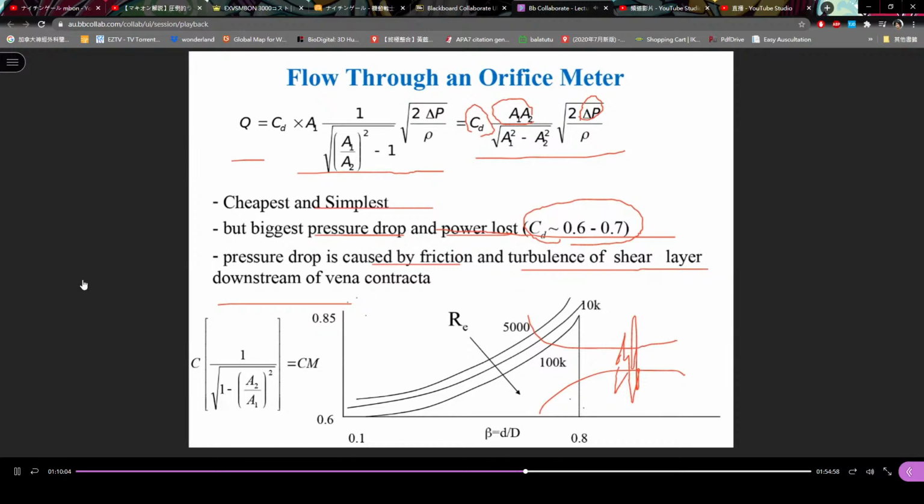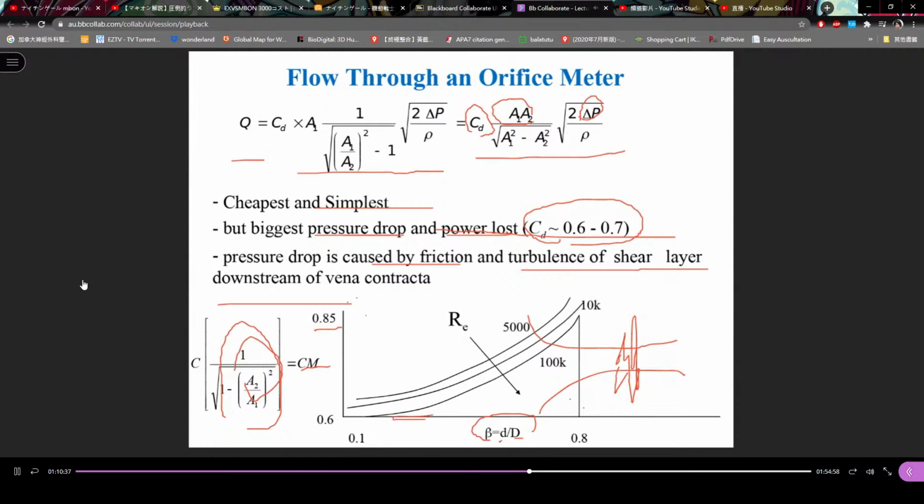And if we assume this is a ratio, this ratio times C is called Cm, and you can see 0.85. This is the diameter ratio, the narrow diameter divided by the normal diameter. Too narrow is here.